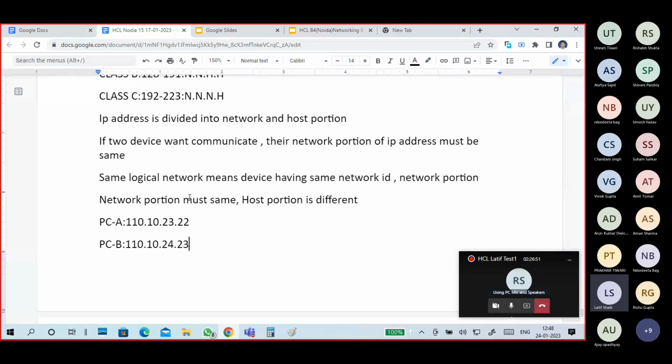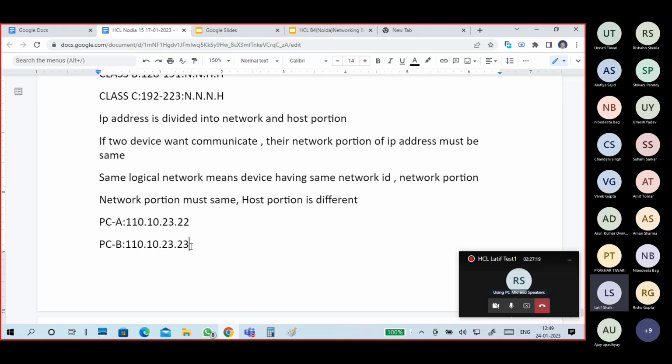What is the host portion? Even if any one host portion has a small difference, no problem. Even though you can put 23 or 22, this is also acceptable because only any one difference is required. That's it. It is not required that all host portions be different.